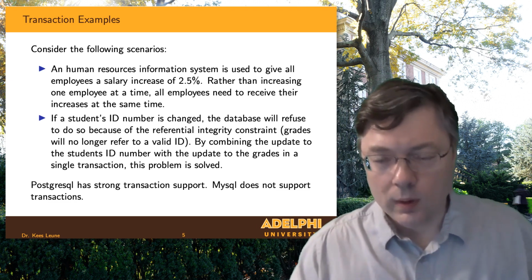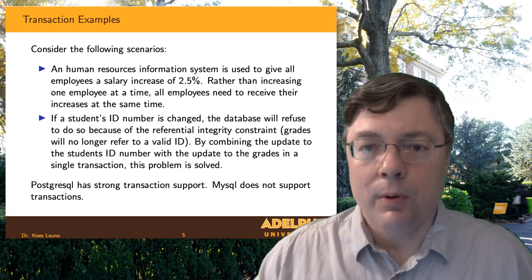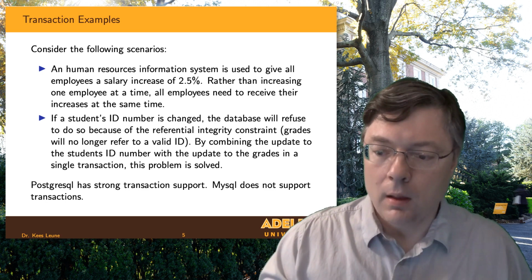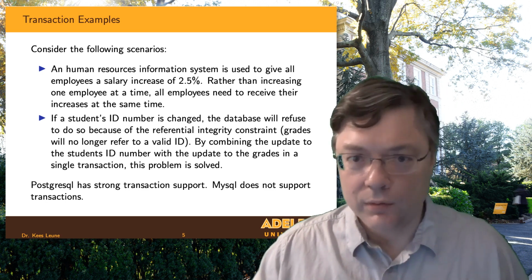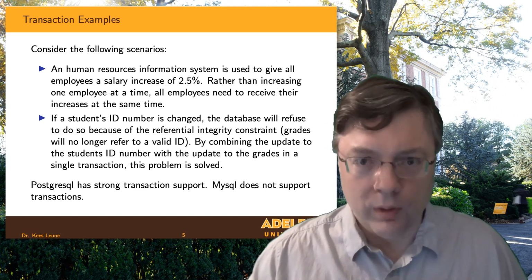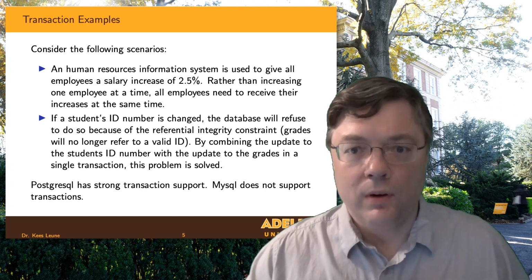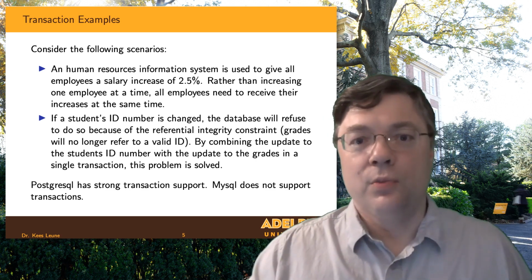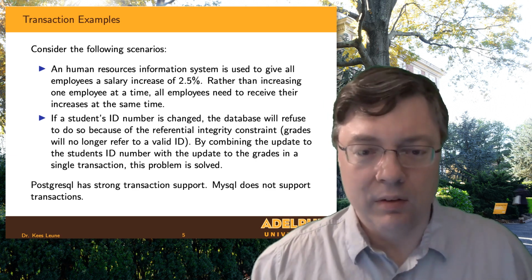So let's take an example here. Let's say that we want to give everyone a salary increase of 2.5%. And let's say we have 100 employees, we don't want to have to start with employee 1, update the database, do employee 2, then update the database, etc. Because invariably what's going to happen is that by the time you've done the first 20 employees, the last 20 who haven't had anything done yet will be on the call all angry, like, hey, why did he get a salary raise and I did not?